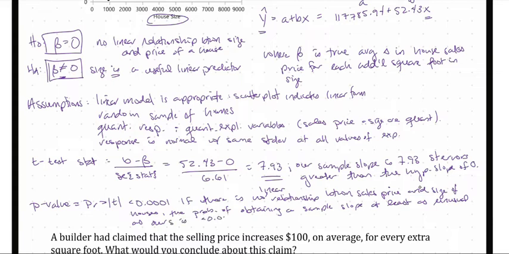It's less than 0.0001. If there's no relationship between house size and sales price of homes, we're going to observe a slope like this, or even more unusual, less than 1/100th% of the time.